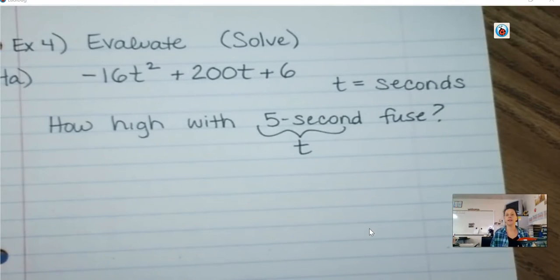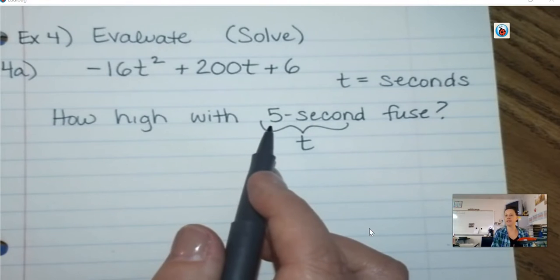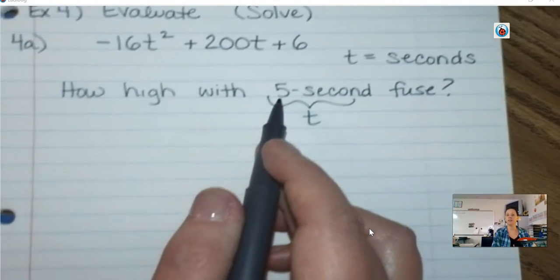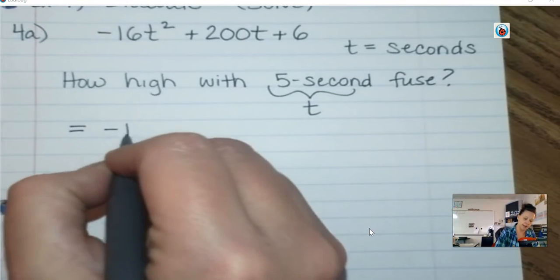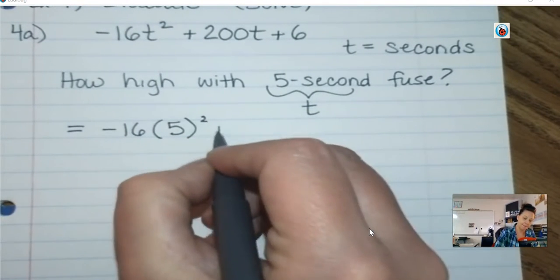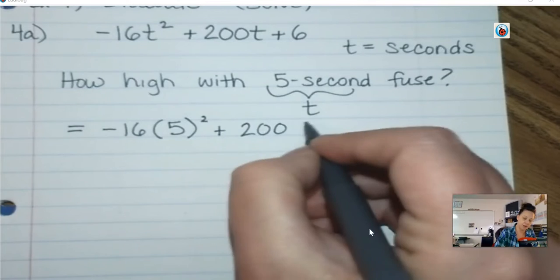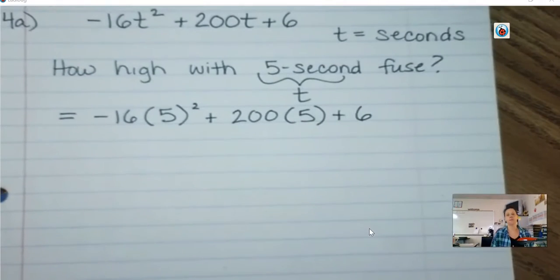So you're taking the equation and you're just substituting 5 in everywhere you see a t. So you're going to put this into your calculator. So into your calculator, you're putting negative 16 times 5 squared plus 200 times 5 plus 6.